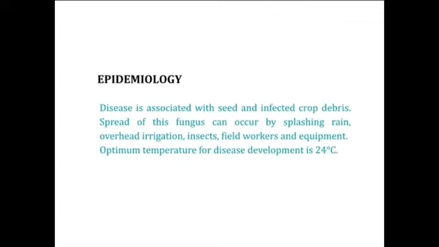Disease is associated with seed and infected crop debris. Spread of this fungus can occur by splashing rain, overhead irrigation, insects, field workers and equipment. Optimum temperature for disease development is 24 degrees centigrade.